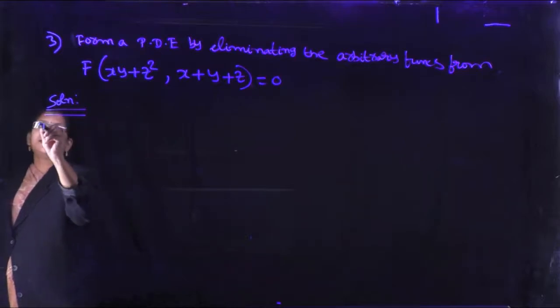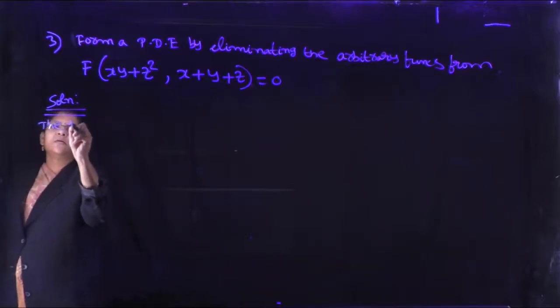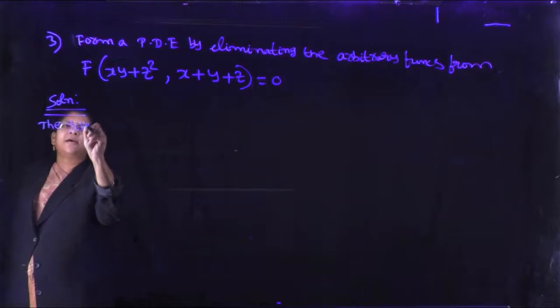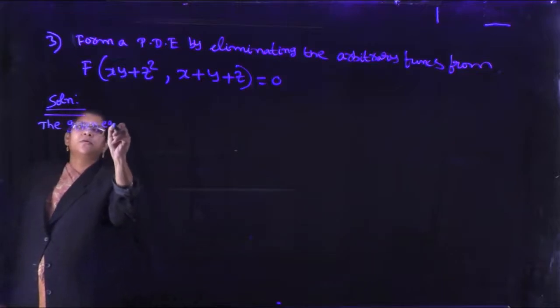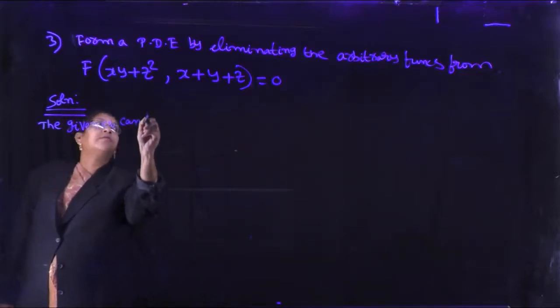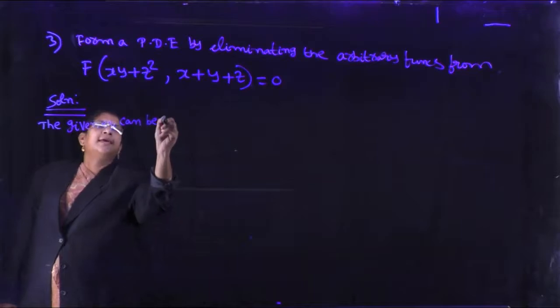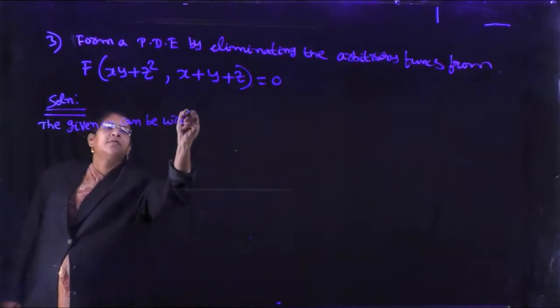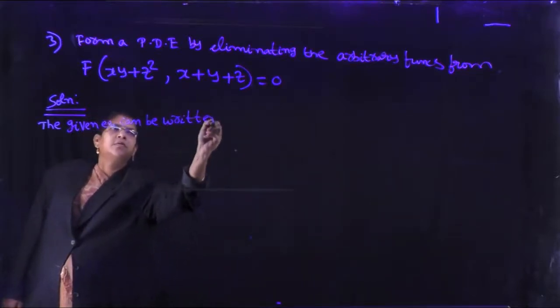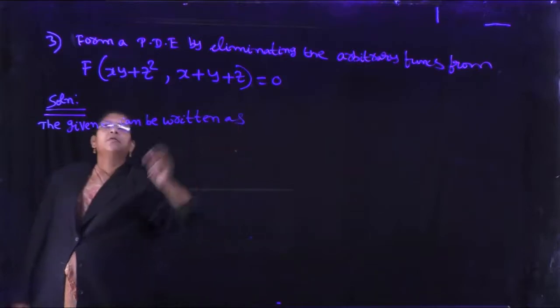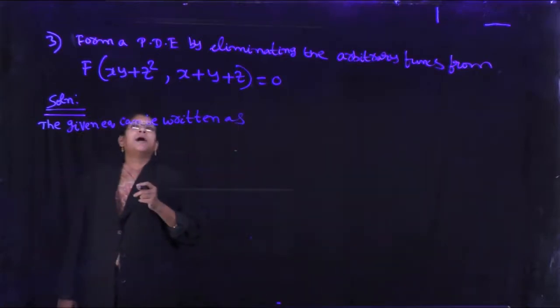The given equation can be written as F of (xy + z², x + y + z) equal to 0.